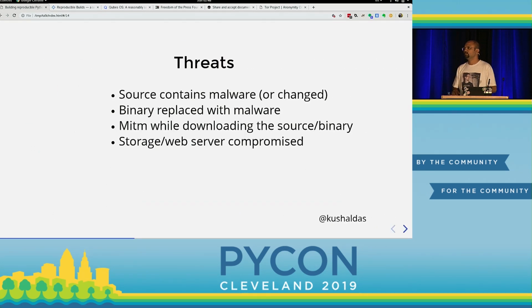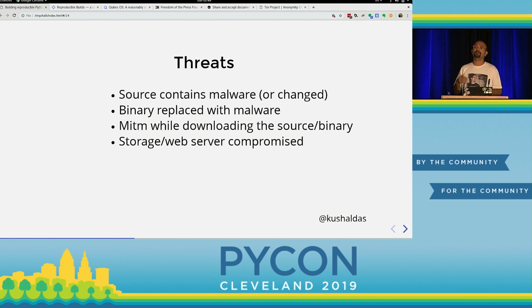The threats. All the points I mentioned one after another, we can summarize into four simple points. The source can contain malware. Let's say that someone got access to the developer's laptop and changed some code which the developer never noticed, or of our dependencies, or the source is totally changed. Binaries can be replaced with malware.